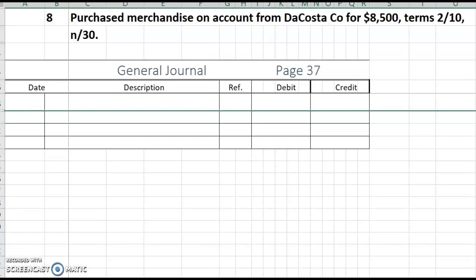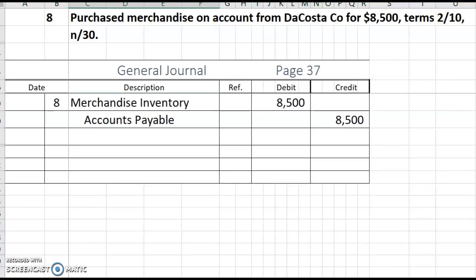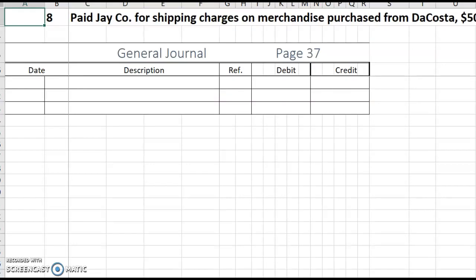Next transaction, we purchase merchandise on account from DaCosta, and there's a discount if we pay our bill within 10 days. So we're purchasing merchandise on account. We'll debit merchandise inventory and credit accounts payable. Next transaction.